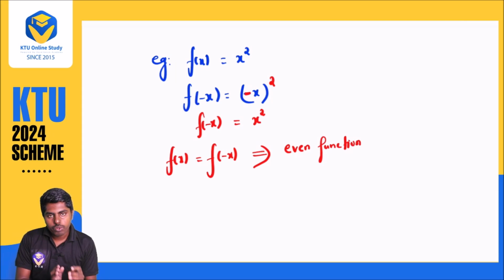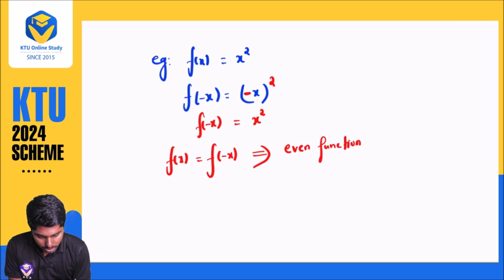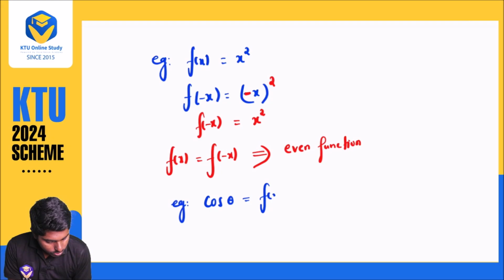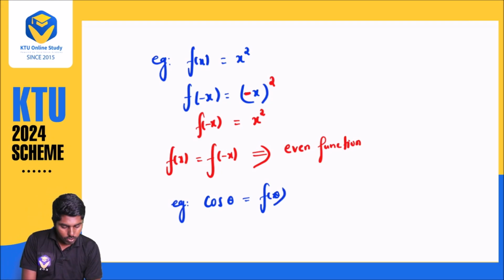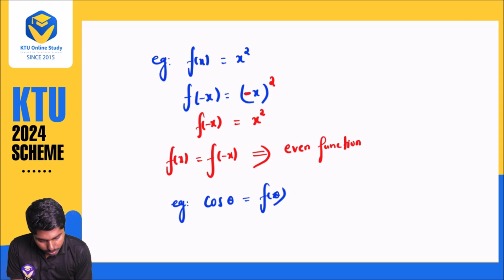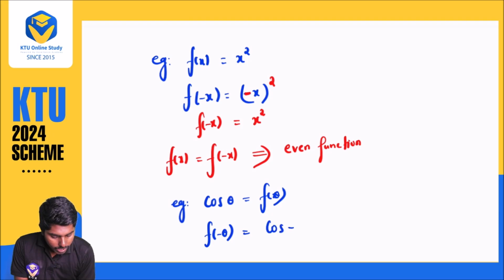Similarly, here we are going to use trigonometry a lot. For example, f of theta is equal to cos theta. When I replace theta with minus theta, it becomes cos of minus theta.